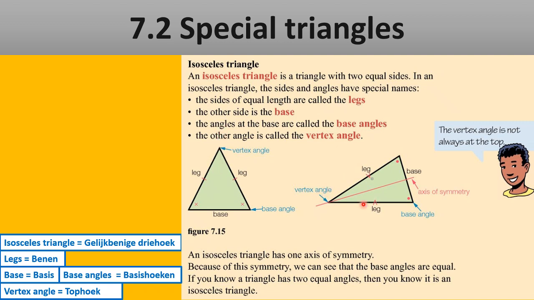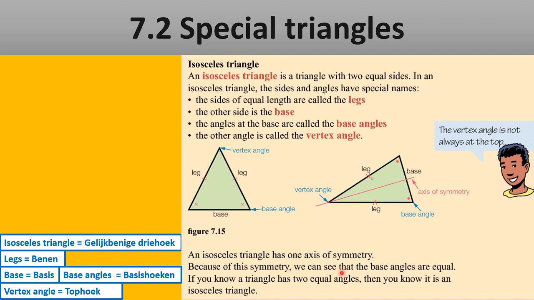Because if I now rotate my triangle, remember, those two lines have the same length, so those two are the legs. Then this must be my base, and as you can see here, my vertex angle is right here. An isosceles triangle has one axis of symmetry, right here, this red line.